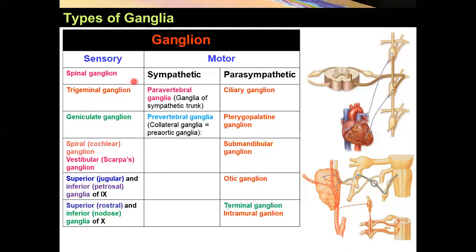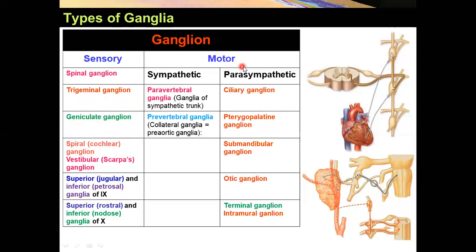Again, in the sensory ganglia, we have either pseudo-unipolar neurons, which receive GSA or GVA sensation, or there are bipolar neurons which receive and detect special sensation, the SVA or SSA, special somatic sensory, or the special visceral afferent: olfaction, taste, balance, vision.